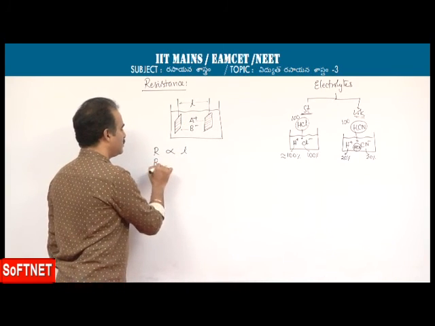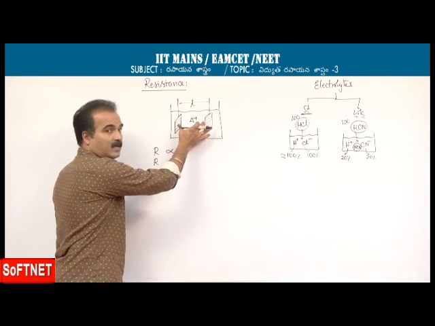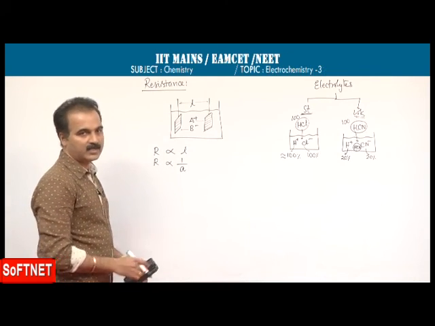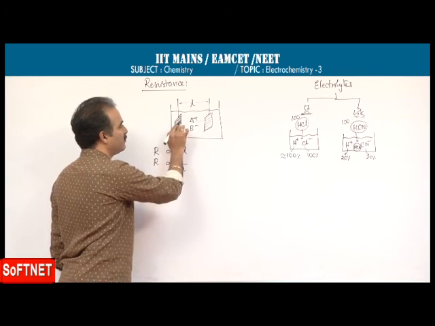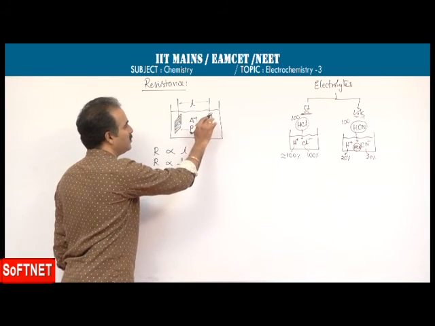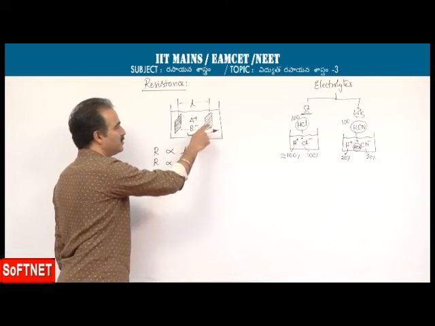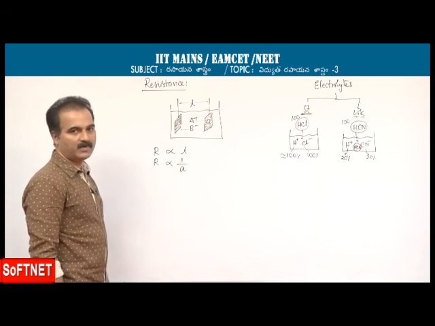The resistance experienced by the electrolyte ions when they conduct current is inversely proportional to the area of cross section. Area of cross section means this one. So the surface area of the plate also decides electrolytic conductance.